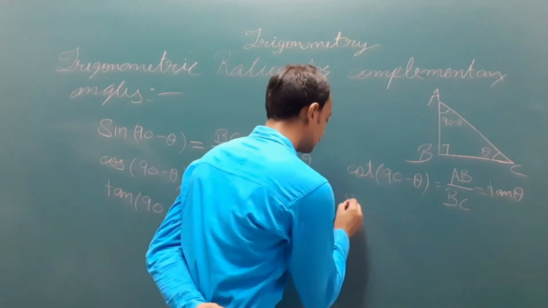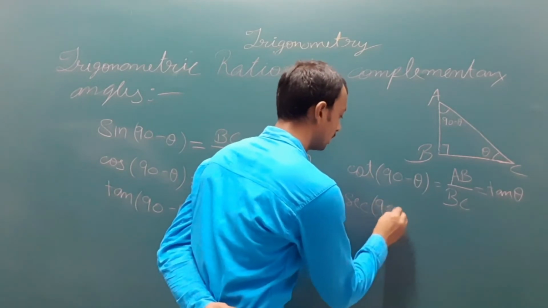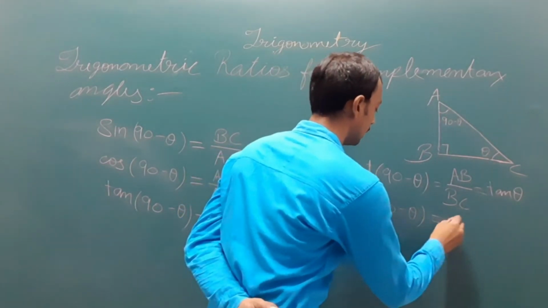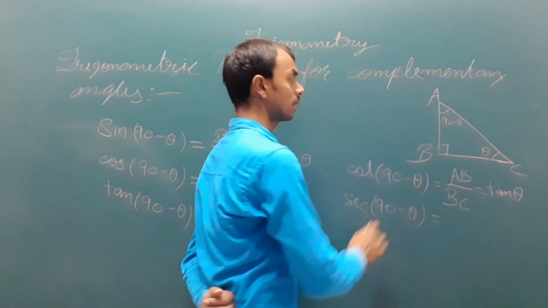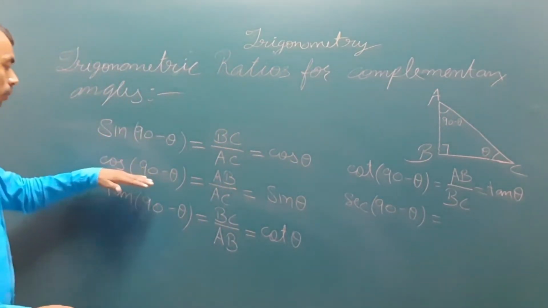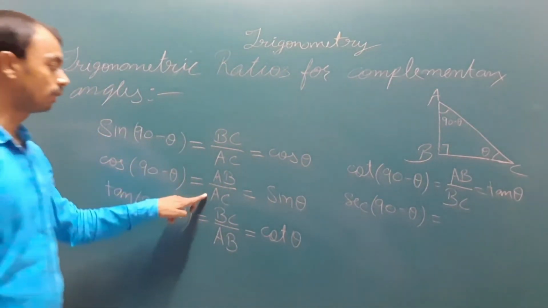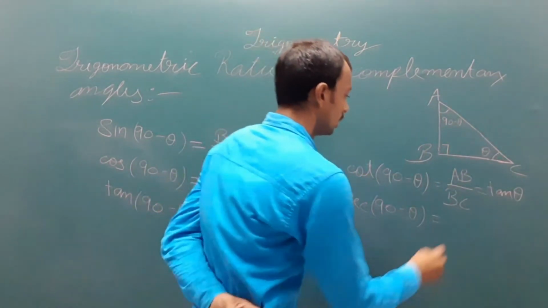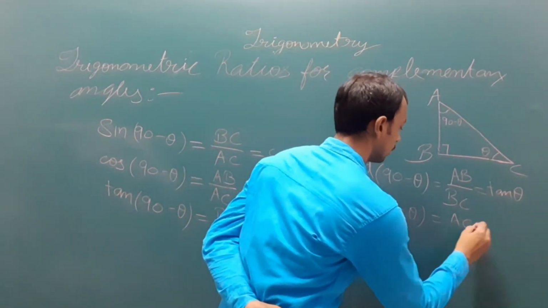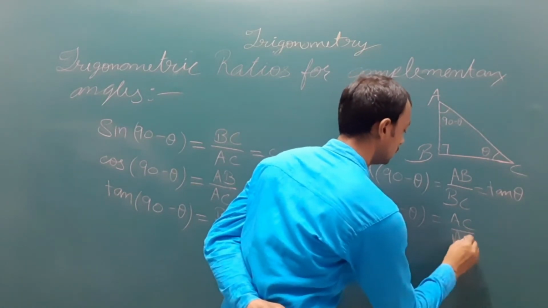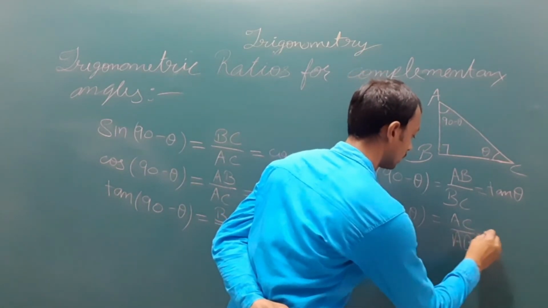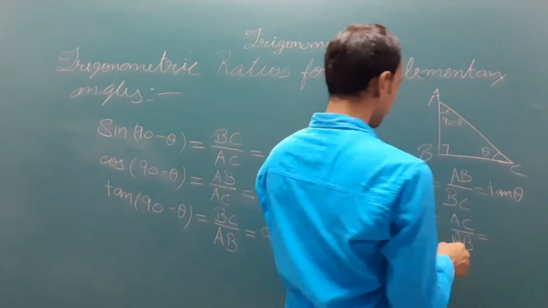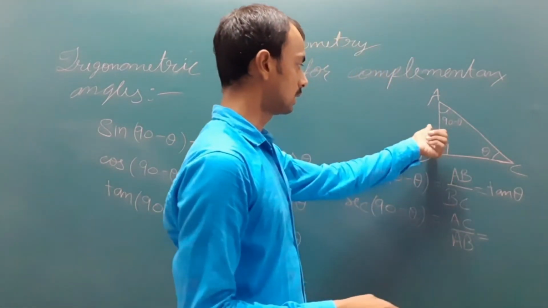Now what will be sec 90 minus theta? Sec 90 minus theta means 1 upon cos 90 minus theta, that is AC upon AB, hypotenuse upon adjacent. The hypotenuse is AC and the adjacent is AB.